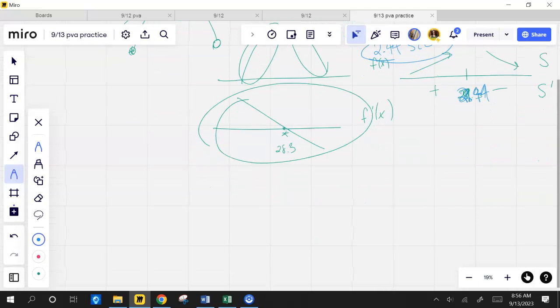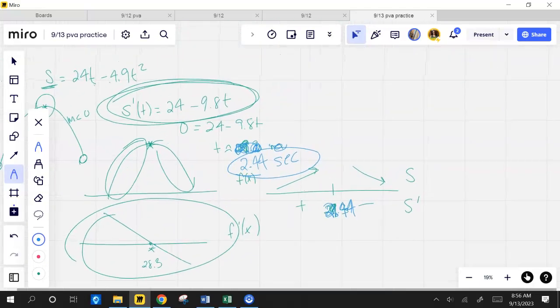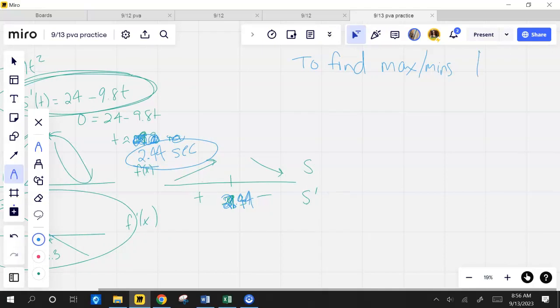Let me try this, see if this will help you. To find max or mins with calculus, find the derivative first.